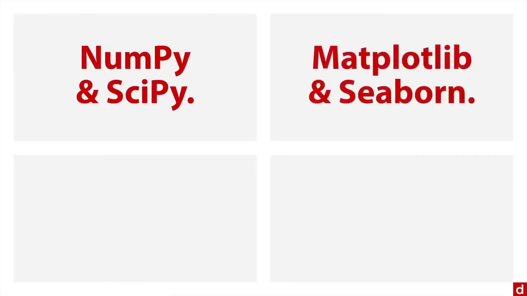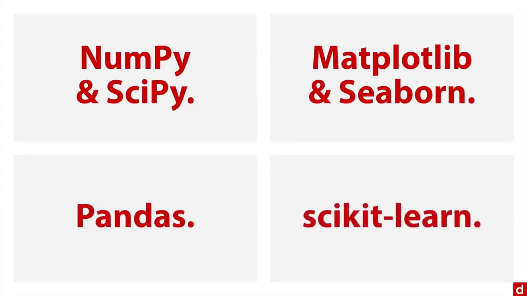Matplotlib and a development of it called Seaborn are for data visualization and graphics. Pandas is the main package for doing statistical analysis. And for machine learning, almost nothing beats scikit-learn. And when I go through hands-on examples in Python, I will be using all of these as a way of demonstrating the power of the program for working with data.